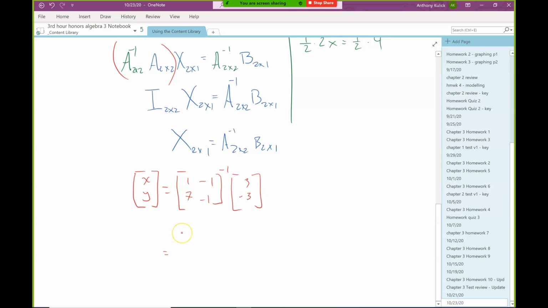So the first thing I need to do is compute the inverse of A. So I'll take the determinant. So I have the determinant is -6, right? Oops, sorry, +6. That's -1 minus a -7, which gives me +6. Everybody's okay with that?